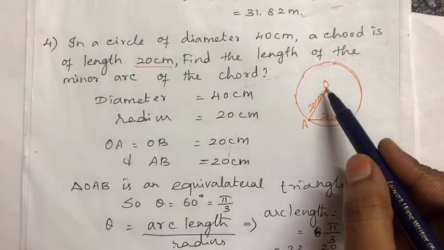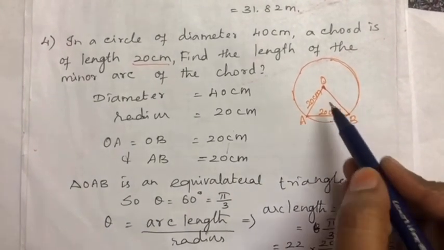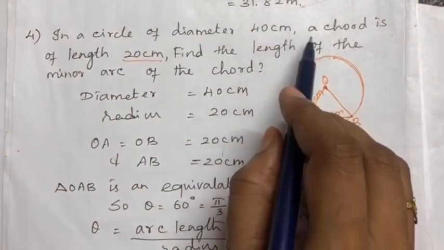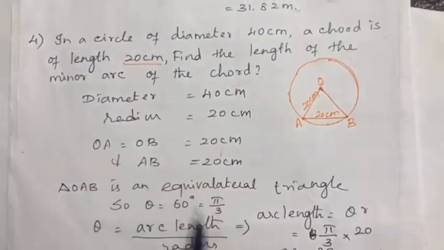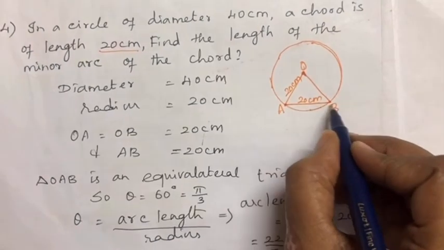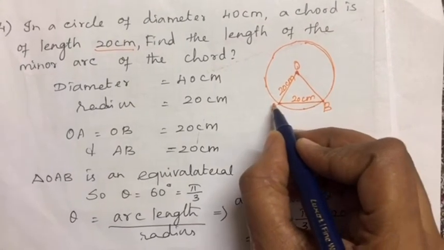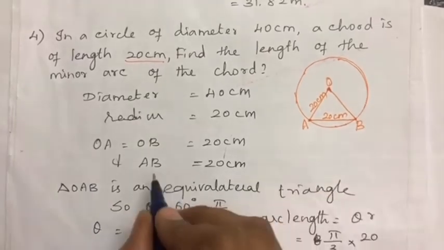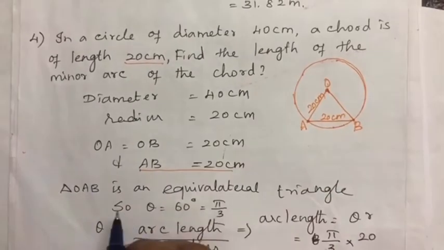So, OA and OB are 20 centimeter. Also, it's given that a chord is of length 20 centimeter. Here, AB is the chord, so AB is equal to 20 centimeter.